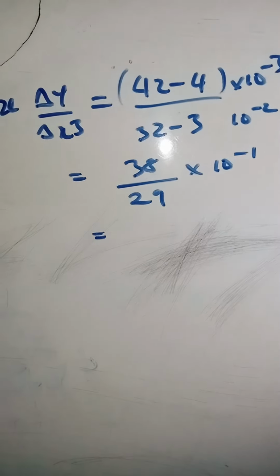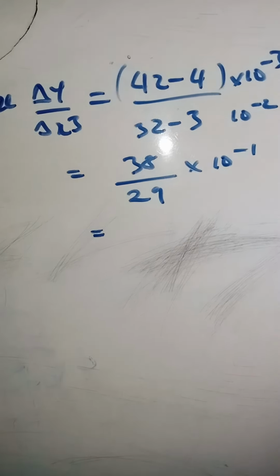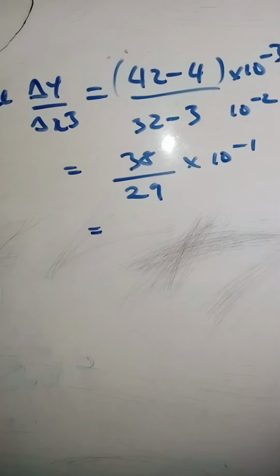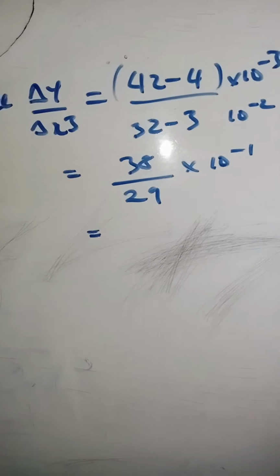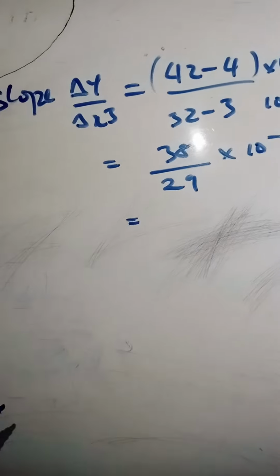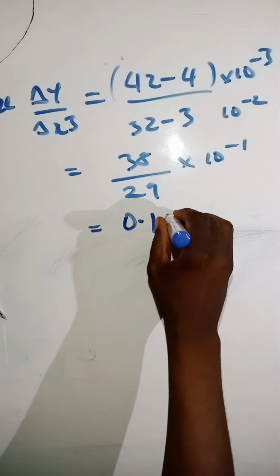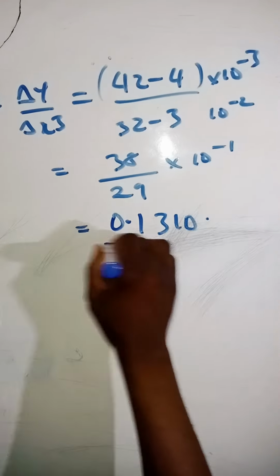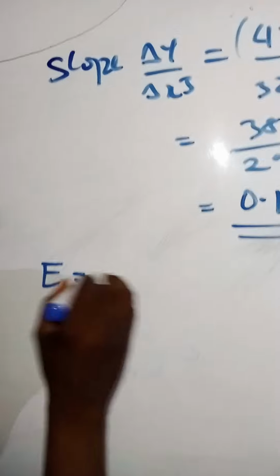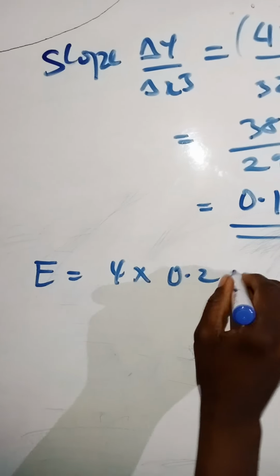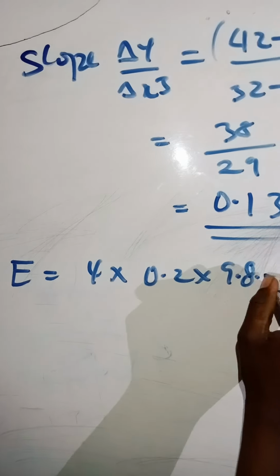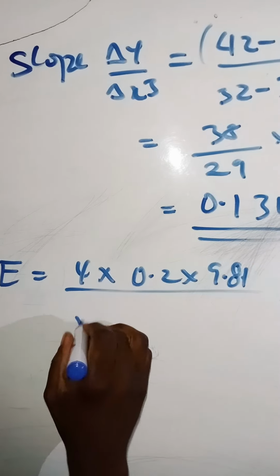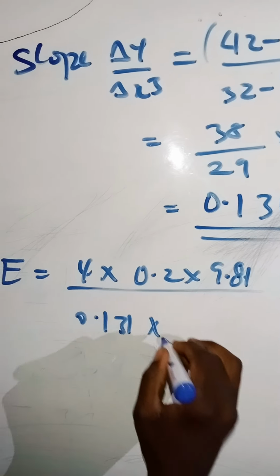If we punch our calculator, 38 divided by 29, we have 0.1310 as our slope. So therefore, upon inserting in this equation, we have E is equal to 4 times 0.2 times 9.81 all over slope, which is 0.131 times our b.